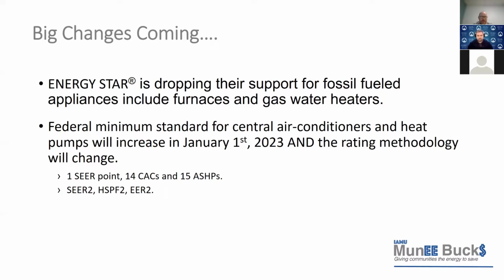So what currently is a 13.2 air conditioner, a 14 air source heat pump, is going to go to 14 and 15. However, they're going to change the methodology. So apparently they're going to call it SEER2, HSPF2, EER2, and that's actually going to bring it down a few points. So we'll know as we get into this in the fall time what we're going to look at in terms of what's going to happen with the federal minimum standards.